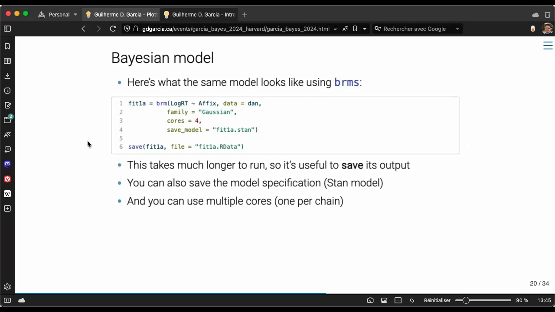So you definitely want to save this fit, and this fit is also available, so you don't have to run the model to run the figures later. So it's a good idea to save both the output and also the compiled Stan model. Now, using multiple cores is essential, right, to speed it up. So if you're using 8 chains, you could use 8 cores, 1 core per chain.